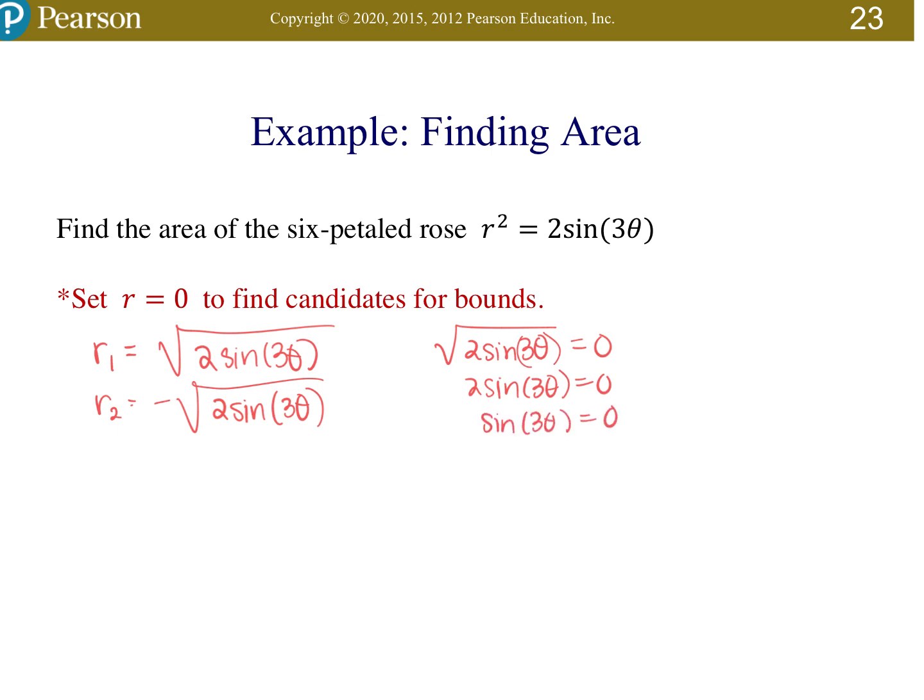Still have 0. And when sine of 3 theta is equal to 0, that happens at 0, pi, 2 pi, 3 pi, 4 pi, etc. But that's equal to 3 theta. A single theta would be 0, pi thirds, 2 pi thirds, 3 pi thirds, etc. So a single petal should be going from maybe 0 to pi thirds.